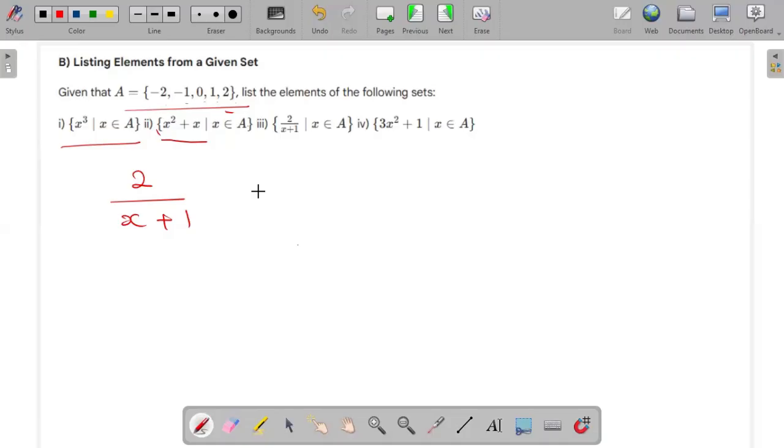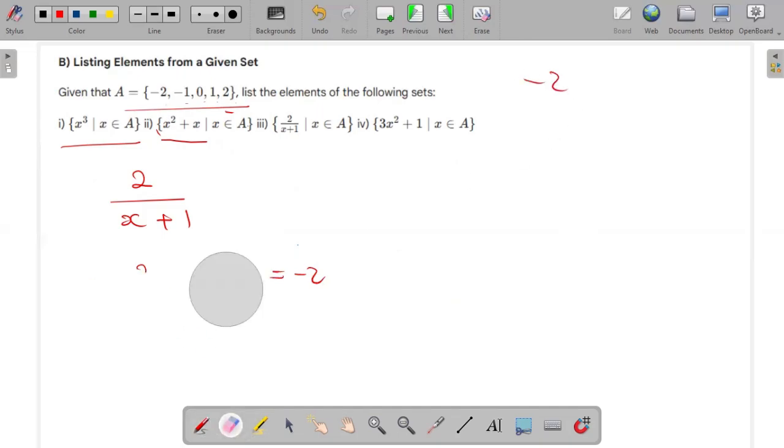Here we continue and do essentially the same thing. For the first one, we have x = -2. So we have 2 on top, then -2 plus 1 gives us -1 in the denominator. You have 2 divided by -1, which gives -2. So the first value I have is -2. I keep that.